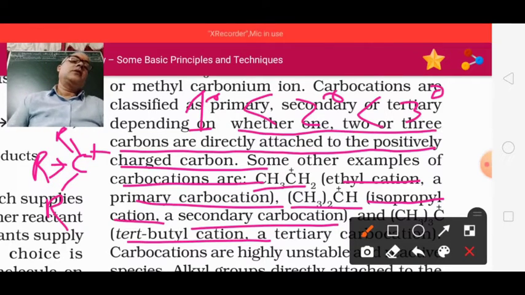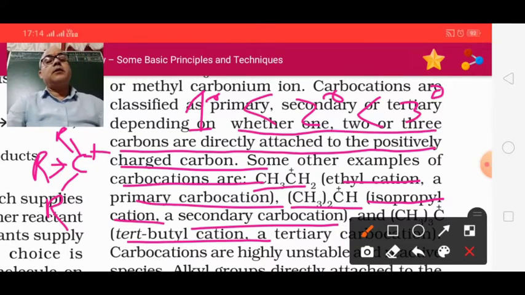This is the order of stability of carbocations.